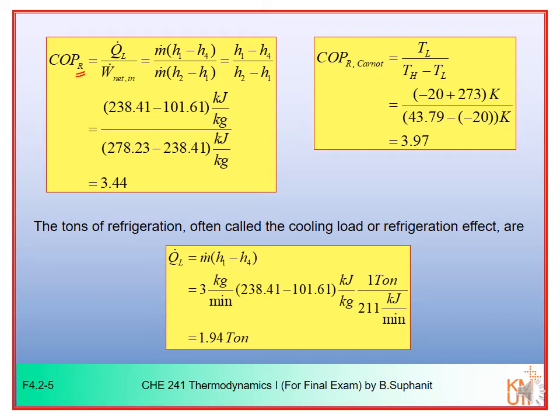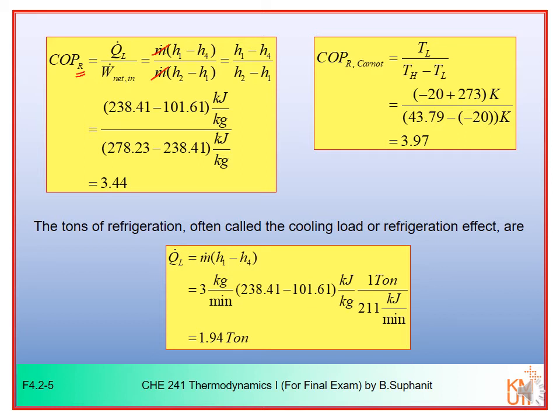QL you obtain from the heat balance in process 4-1, that would be m dot multiplied by H1 minus H4. W net in can be determined from the energy balance in process 1-2, that would be m dot multiplied by H2 minus H1.